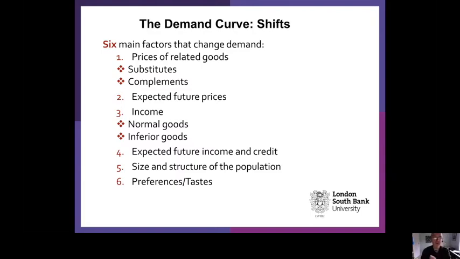Okay, in my example, the price of bread falls, the demand for butter increases because they're complementary. They go together. So that's explained substitutes and complements, and that's everything that there is to be said about the prices of related goods. There's only two kinds of relationships we need to worry about: substitutes and complements.